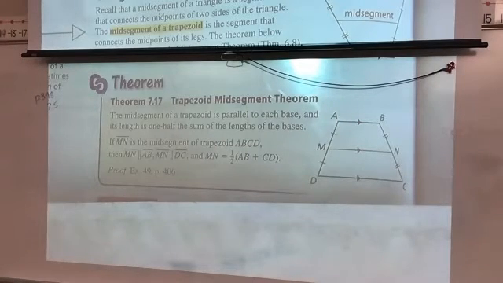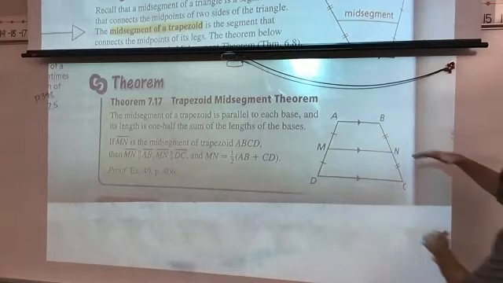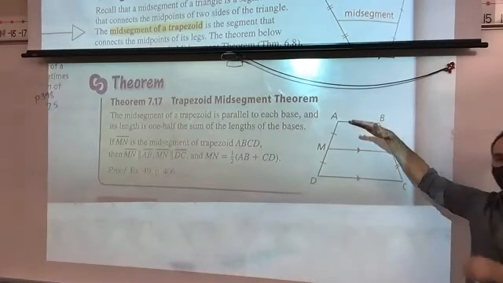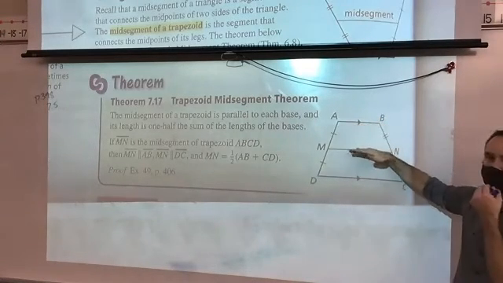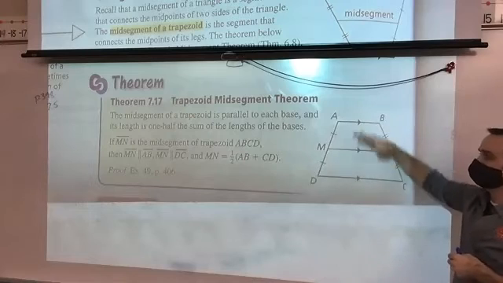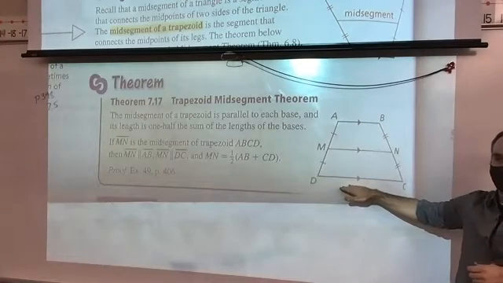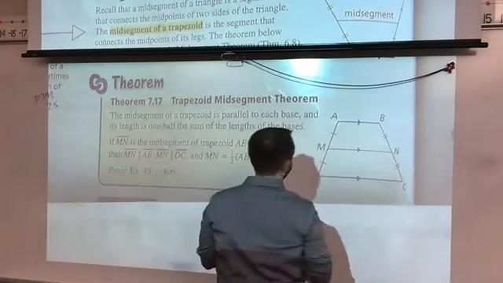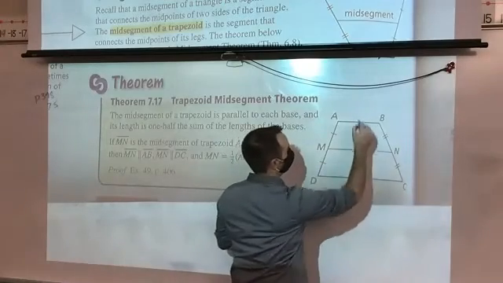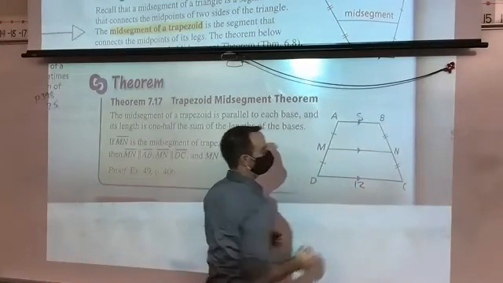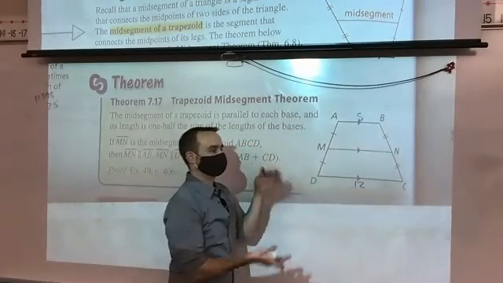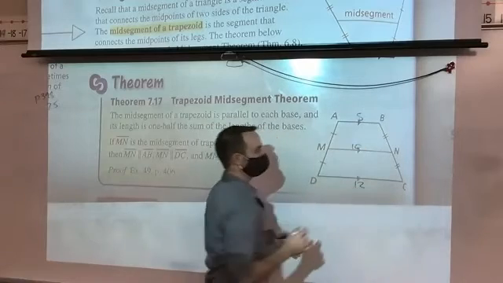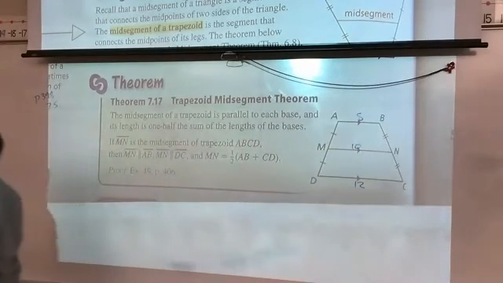It's not half of the parallel side anymore. It is the average of the two lengths. So the mid-segment is going to be the average of our two base lengths. Putting that visually, if I know this is 8 and this is 12, we take the average, the exact middle of that, and our mid-segment is 10.